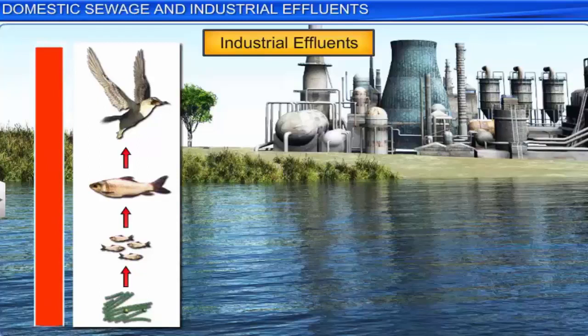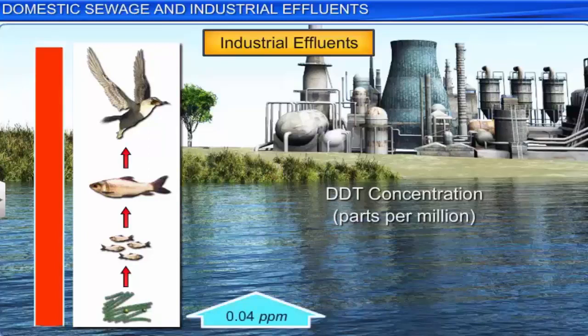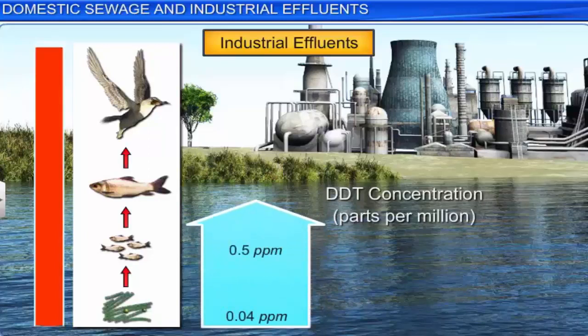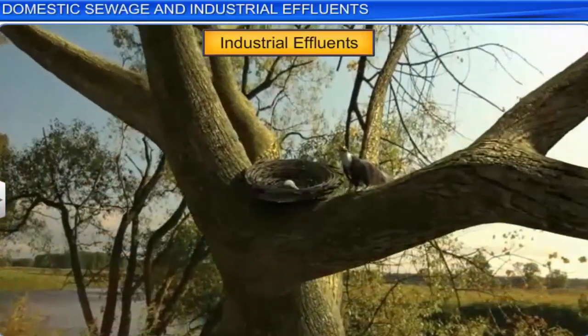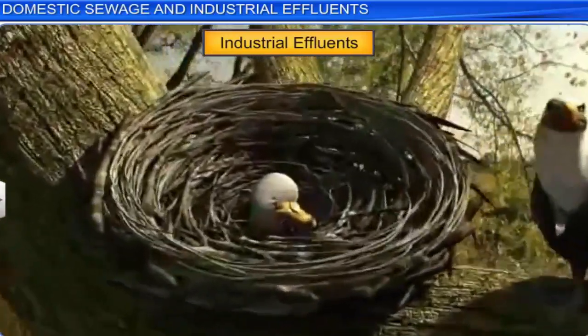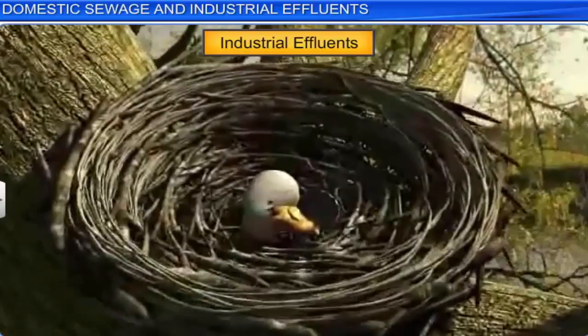For example, biomagnification of DDT in an aquatic food chain including zooplankton, small fish, large fish, and fish-eating birds is as shown in the diagram. High concentration of DDT disturbs calcium metabolism in birds, which causes thinning of eggshells and their premature breaking. This eventually results in a decline in bird population.